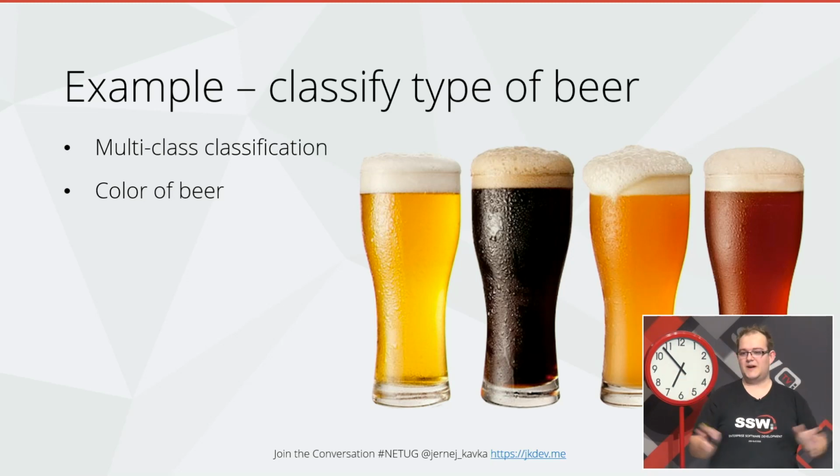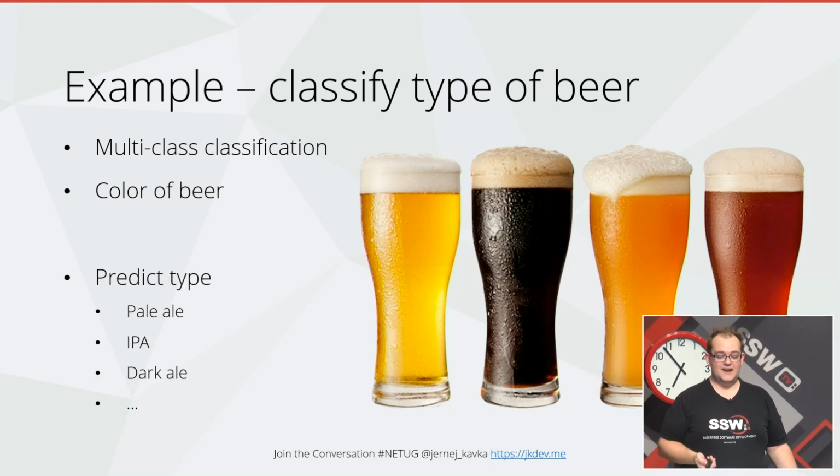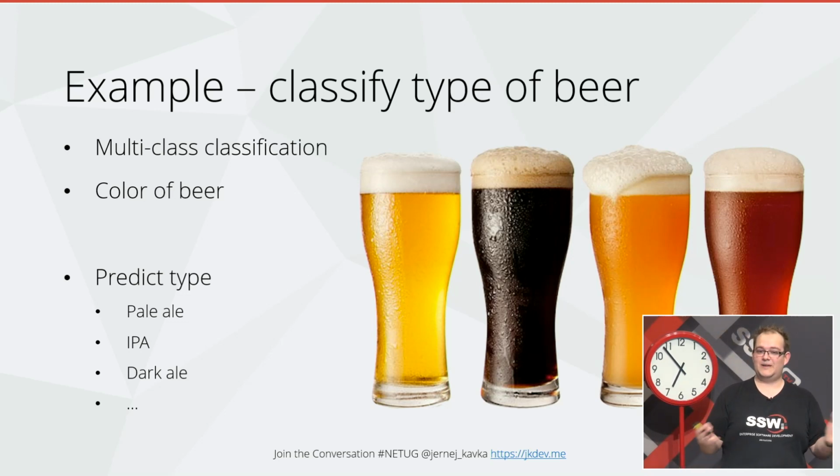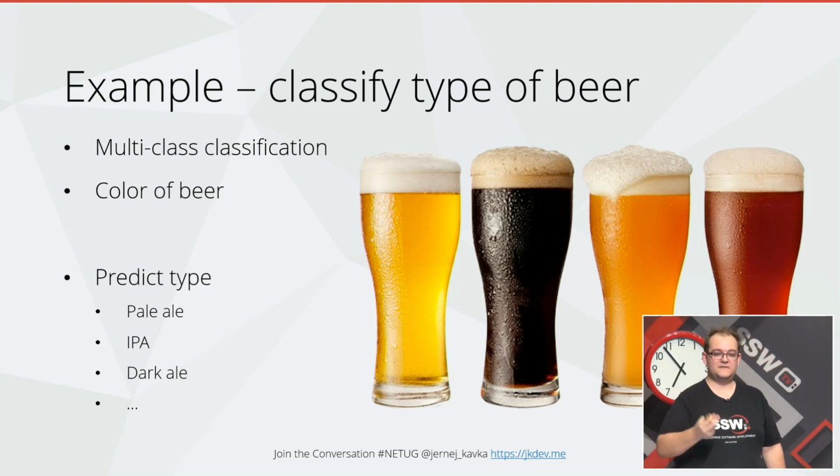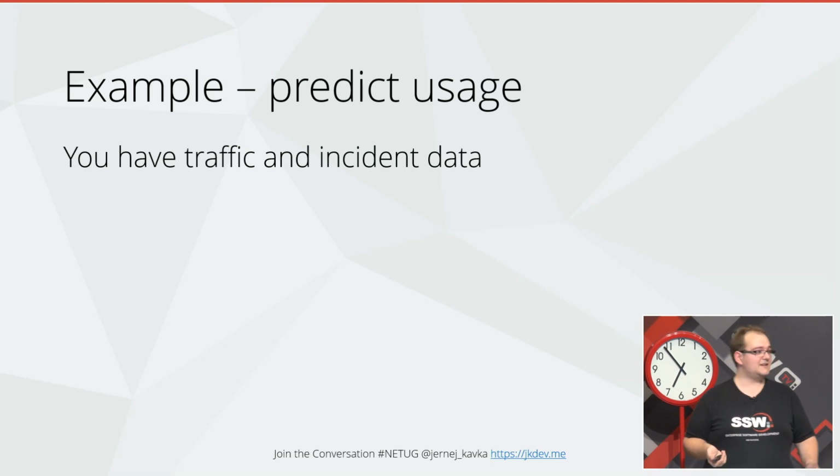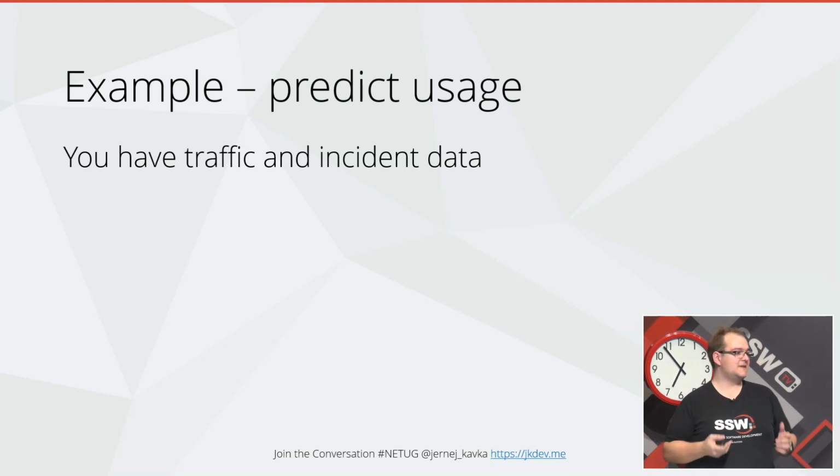So you might have one machine learning model that recognizes beer, and you then take the color of the beer. And from the beer, you can actually predict what kind of beer it is, because each kind of beer has a very specific color.